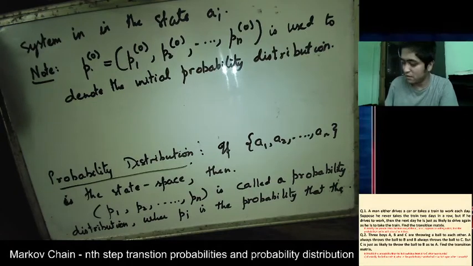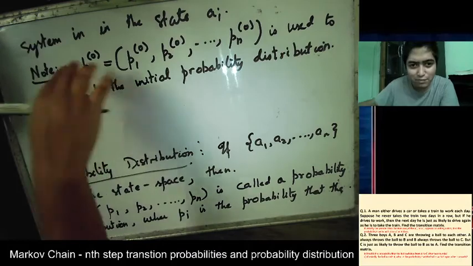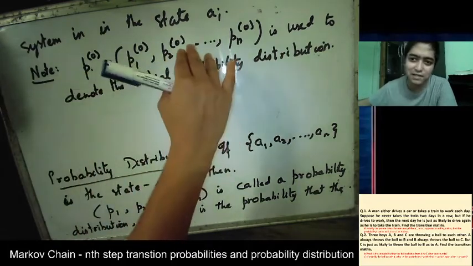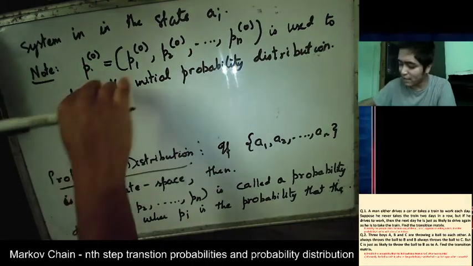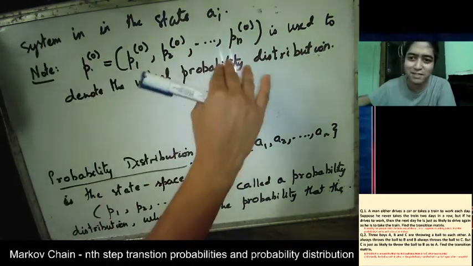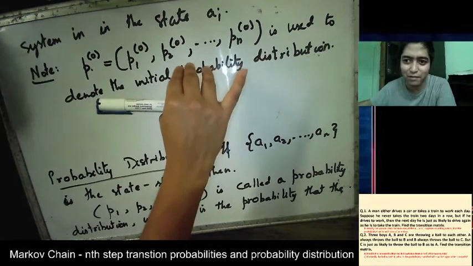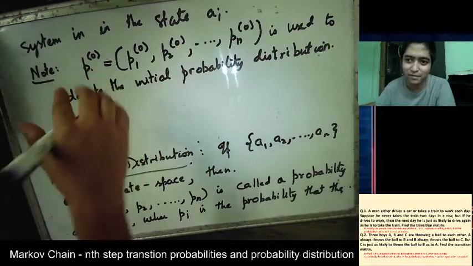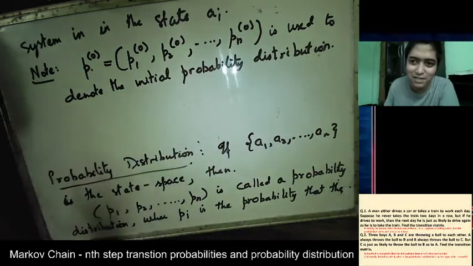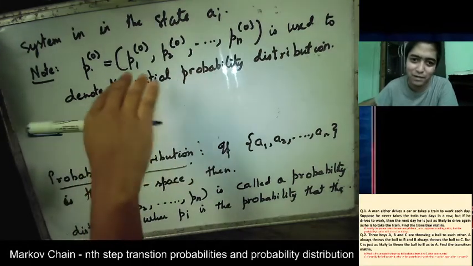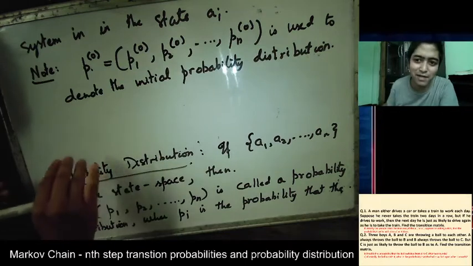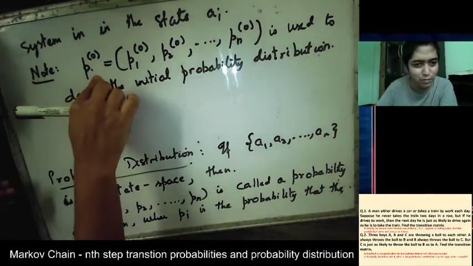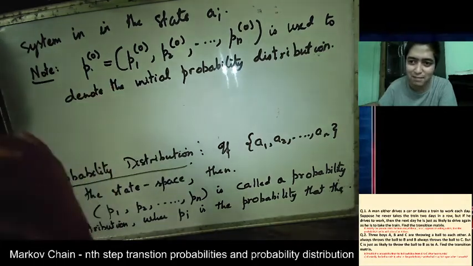Just like I said, these probabilities will change after one step, after 2 steps. But again, calculating all of these probabilities will take time, and it may be difficult, especially if it is a very complicated process. Fortunately, we can use the transition matrix to calculate the probability distribution after n steps.